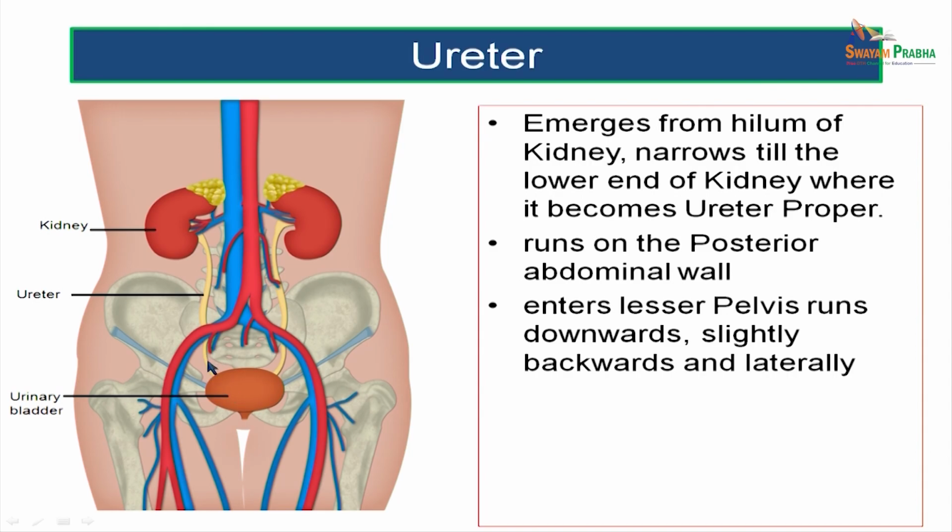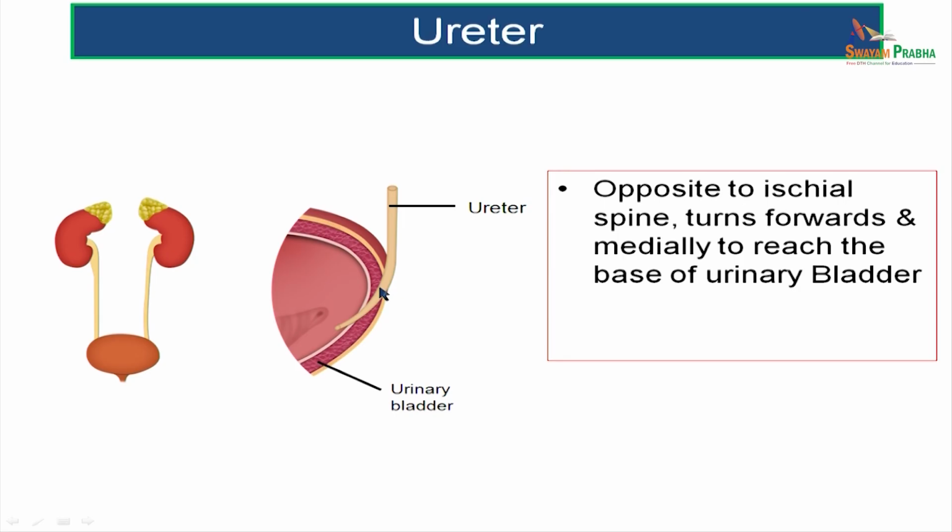Once it enters the lesser pelvis, it runs downwards, backwards and laterally. Opposite to the ischial spine, the ureter turns forwards and medially to reach the base of the urinary bladder. What you are seeing here is the interior of the bladder and this is the ureter.